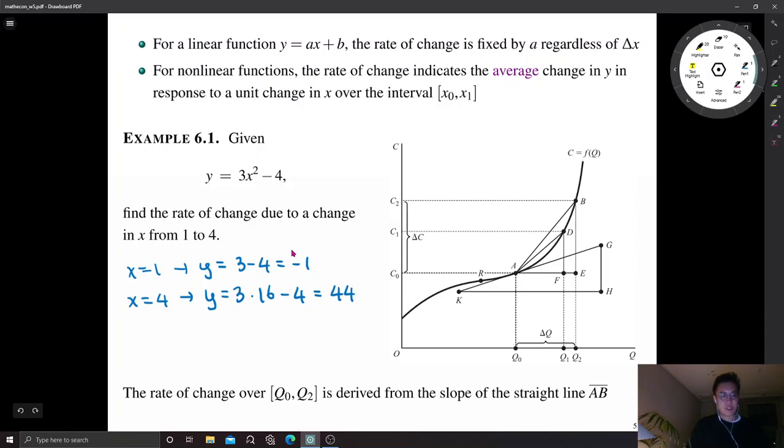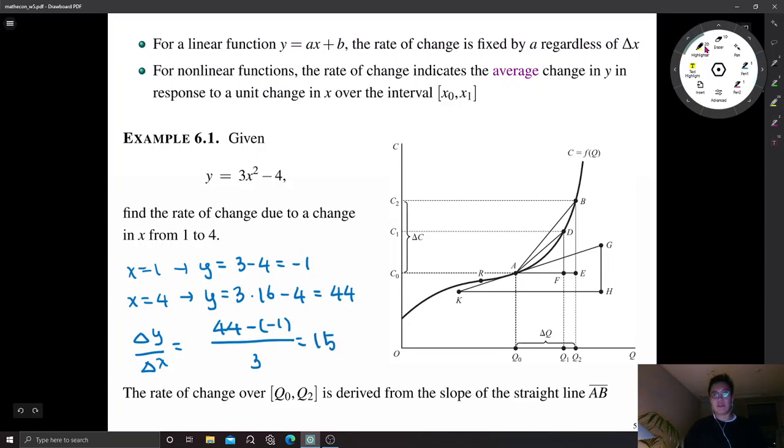So for the rate of change delta y over delta x, y changes from negative 1 to 44, so 44 minus negative 1, and x changes just 3. So 45 divided by 3, that is 15.